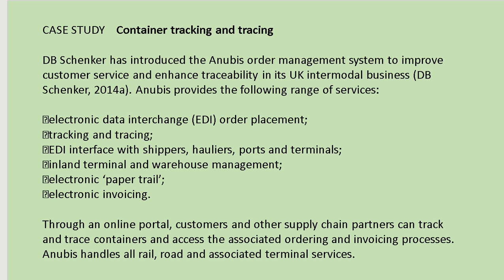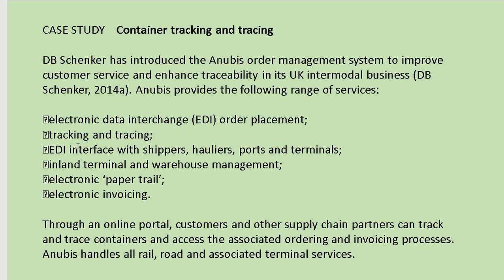These are a lot of applications when you consider the number of users. Through an online portal, customers and other supply chain partners can track and trace containers and access the associated ordering and invoicing processes. Anobis handles all rail, road, and associated terminal services.